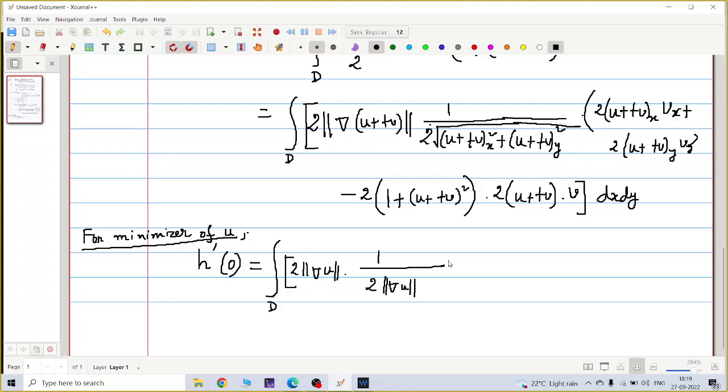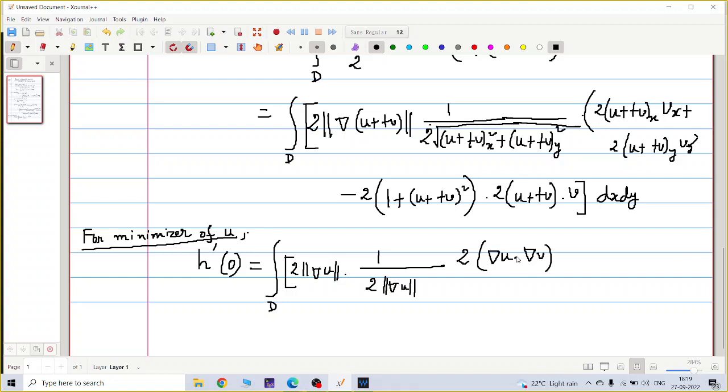Putting t equal to 0, that is ux into vx plus uy into vy. Taking 2 common, that means grad u dot grad v, right?